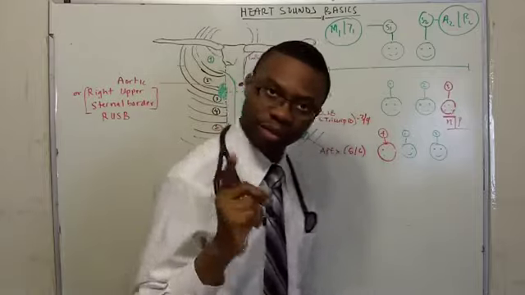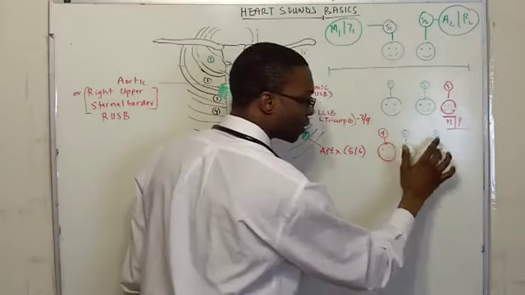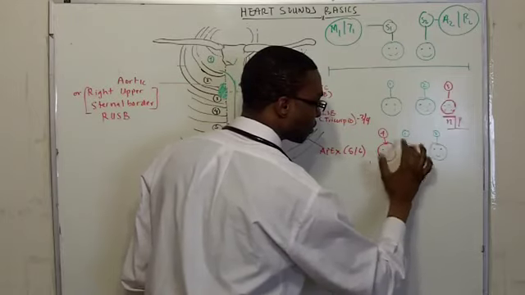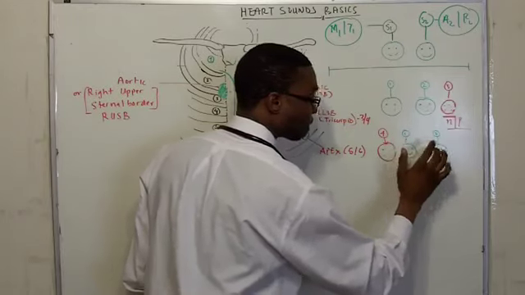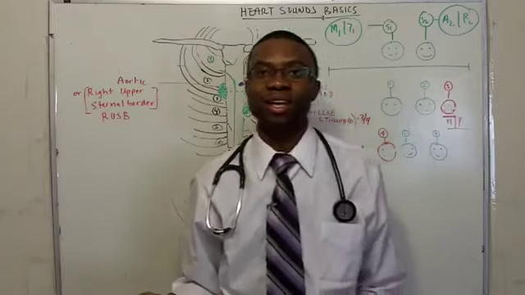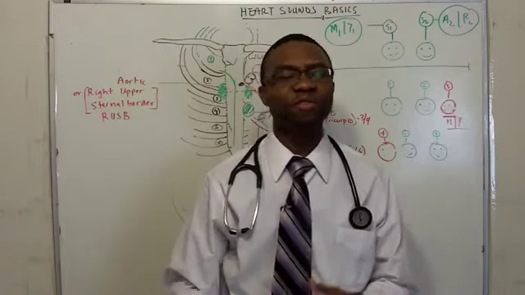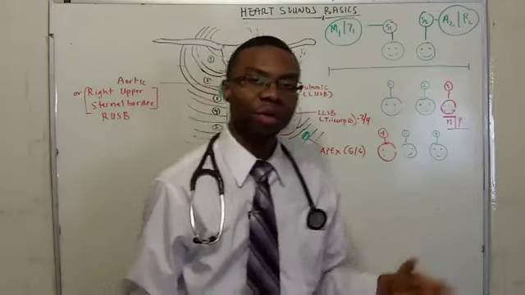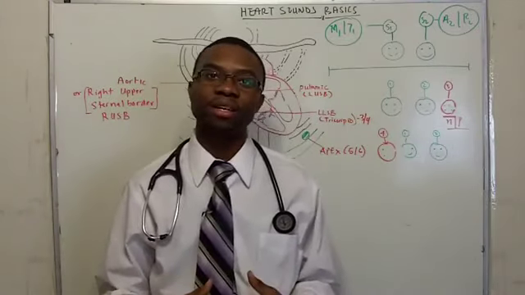Right? But S4 is different. That's S4, guys. So this is the basics. If you just know S1, S2, and you're able to even detect S3 and S4 in patients, that's great.